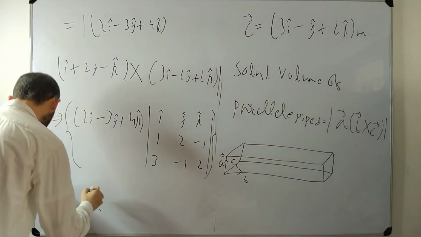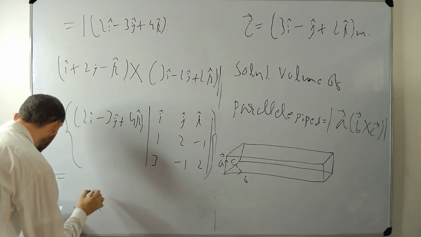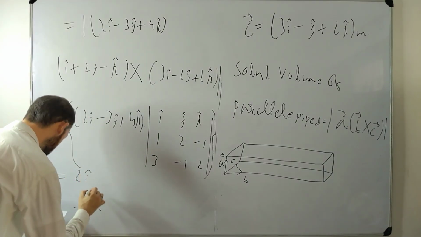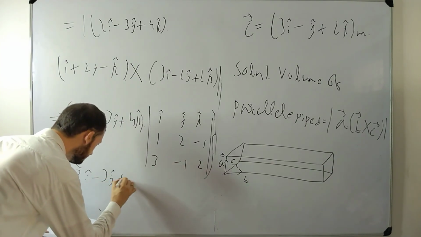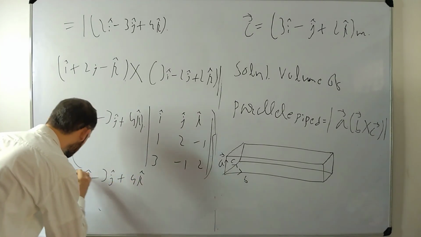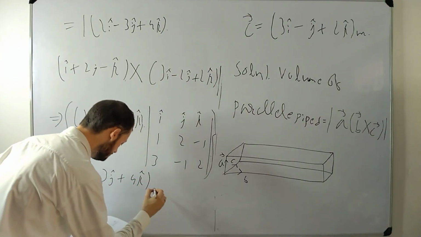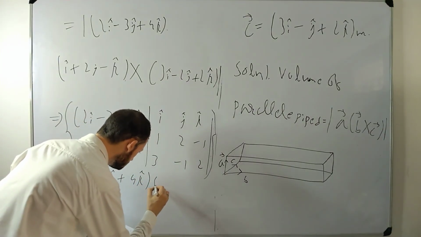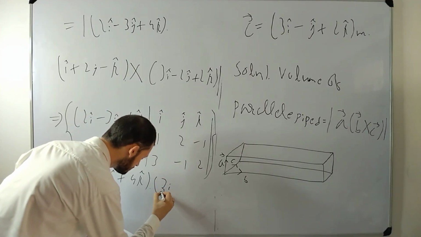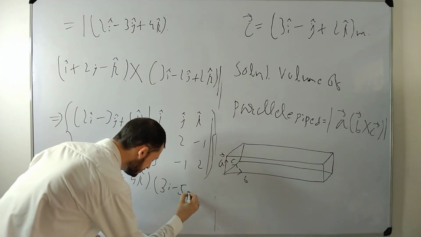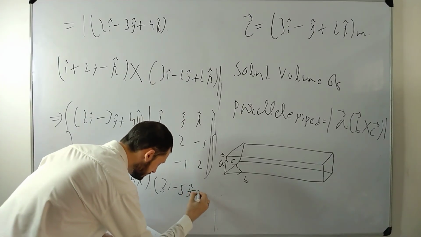Now the next part, what answer did you get, sir? 2I cap minus 3j cap plus 4k cap. This is the first vector A. This is the cross product answer, 3I minus 5j minus 7k cap.